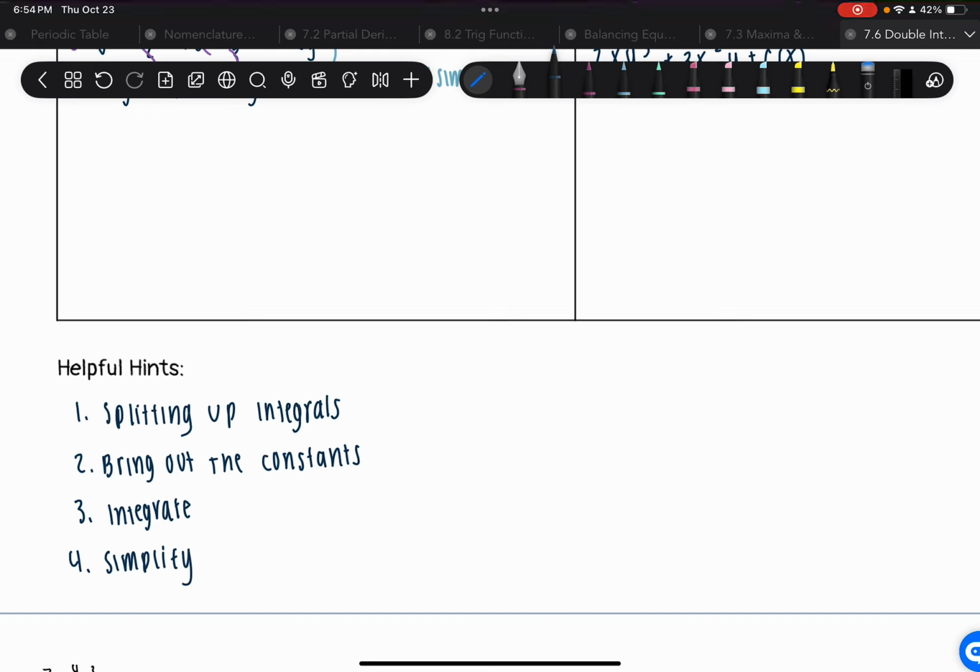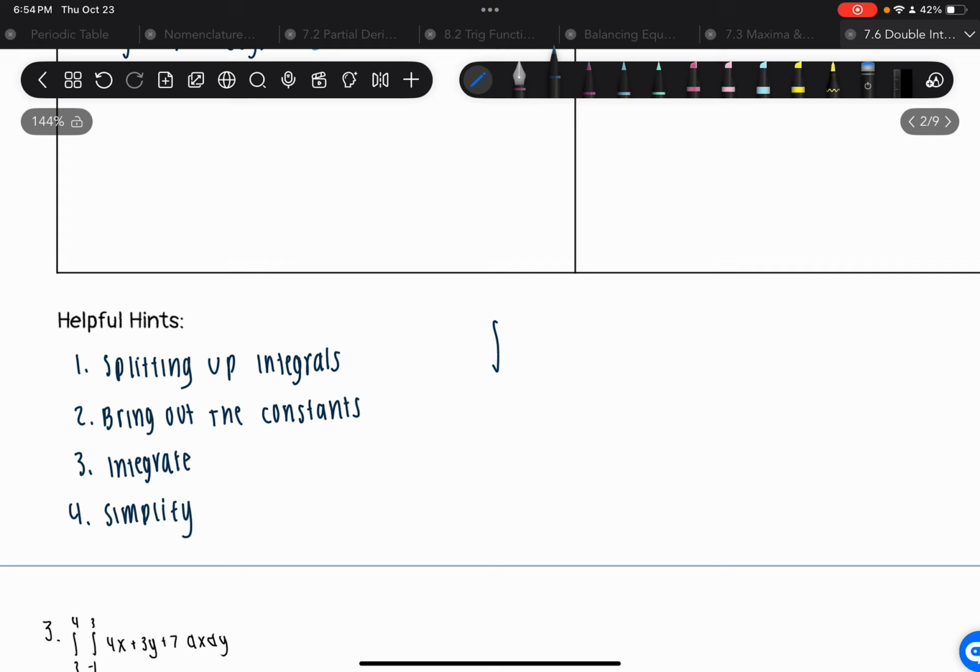Now, when you have double integrals, they look something like this, and then you would have a number down here, and then your function. Something that makes it a little easier for me is to put values into brackets and to separate them so you really know what you are working with.